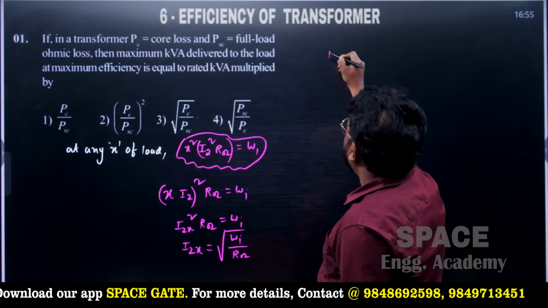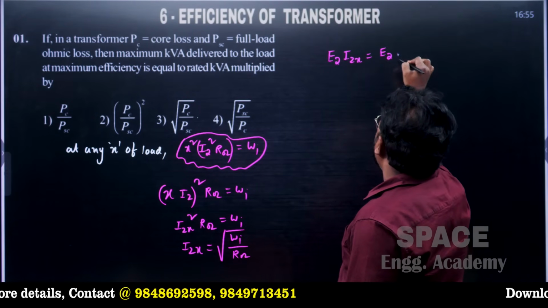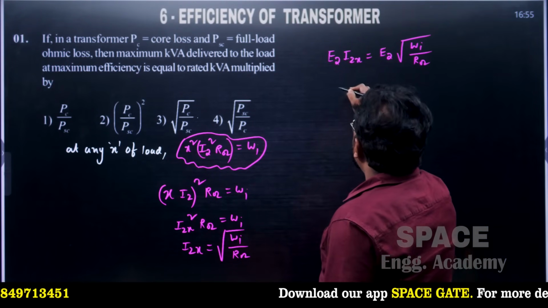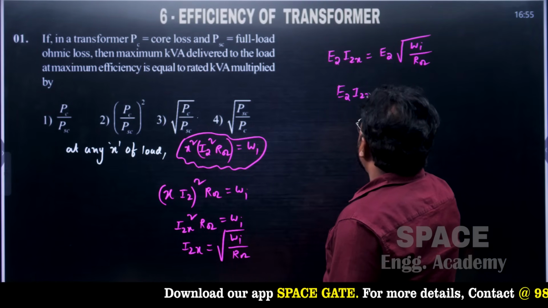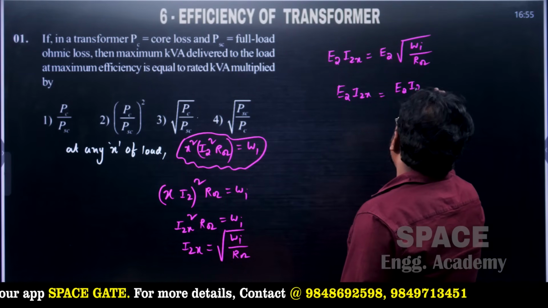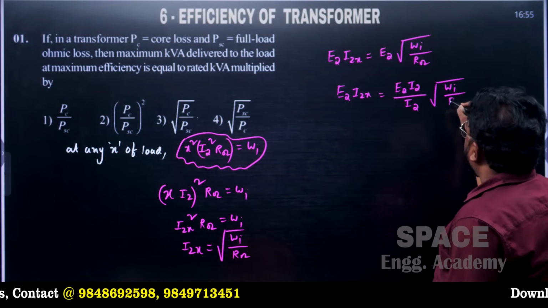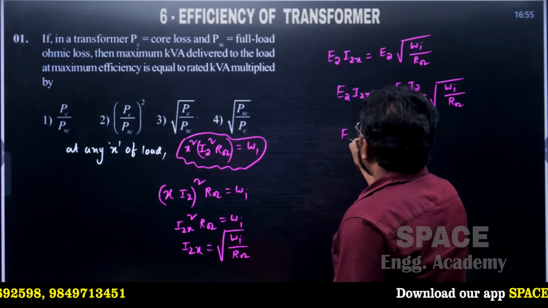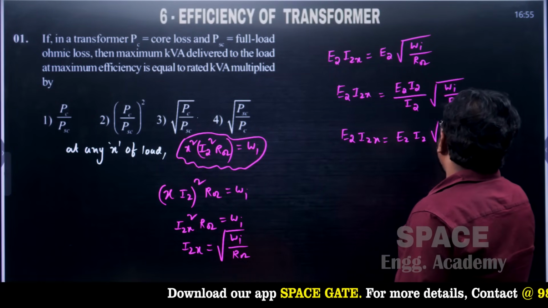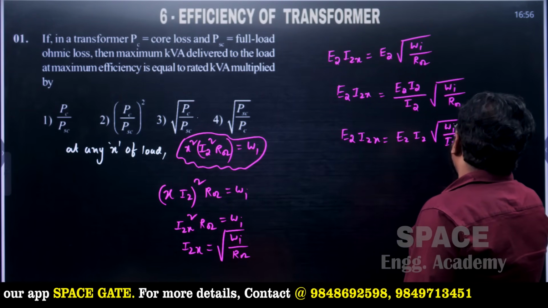Now, multiplying both sides by E2, E2 into I2x is equal to E2 under root of iron losses divided by R02. This can be modified: E2 into I2x equals E2 into I2 divided by I2, under root of iron losses divided by R02. Therefore, E2 into I2x equals E2 into I2 under root of, and taking I2 into the root it becomes I2 square R02.